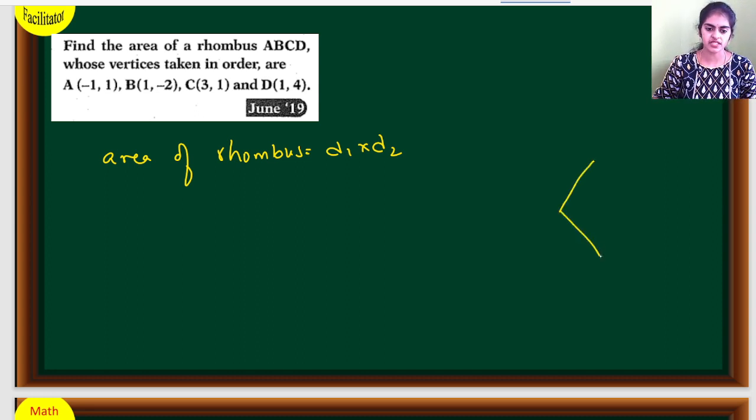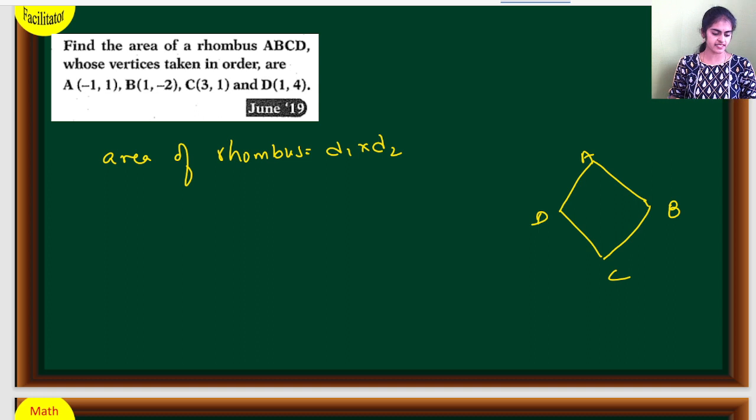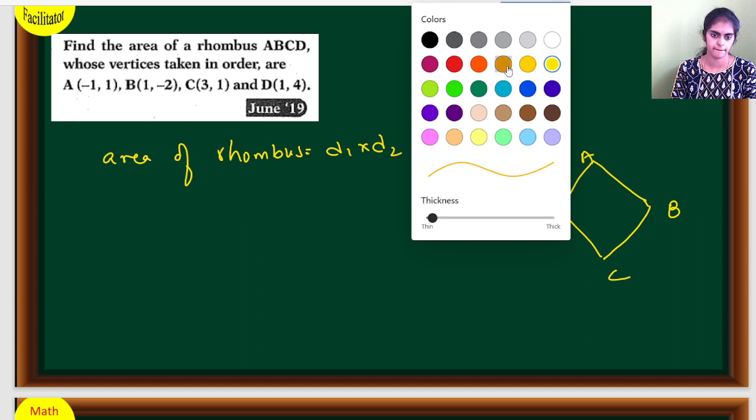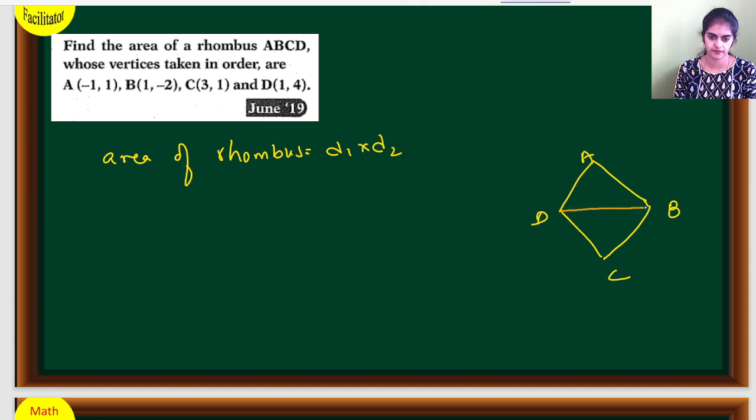So if I take a rhombus here, so this is A B C D. What are diagonals here? BD and AC are the diagonals. Okay. So BD and AC are the diagonals.